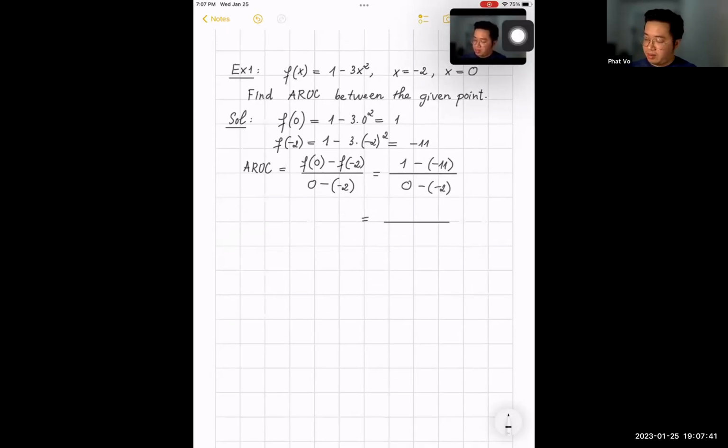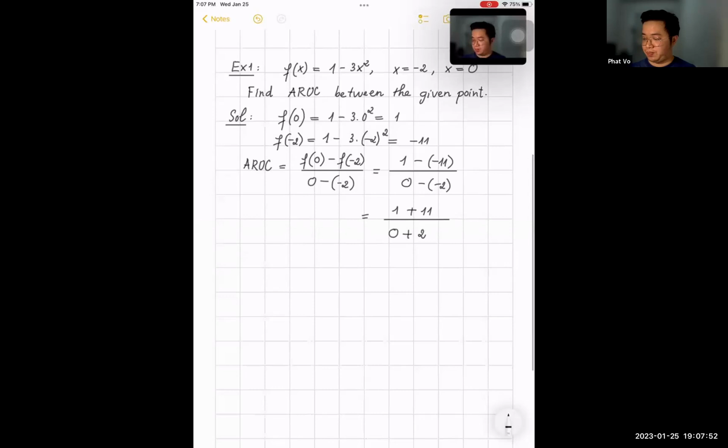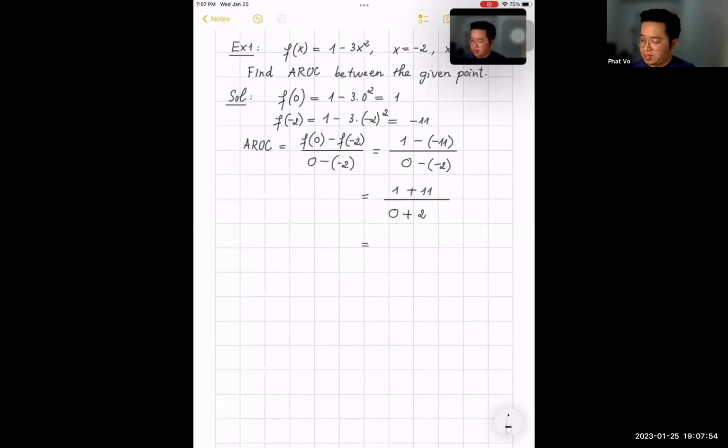So 1 minus -11 becomes 1 plus 11, right? 0 minus -2 becomes 0 plus 2. So be careful. It is 12 over 2, so it is equal to 6. So the average rate of change here is 6. Okay. Any questions so far?